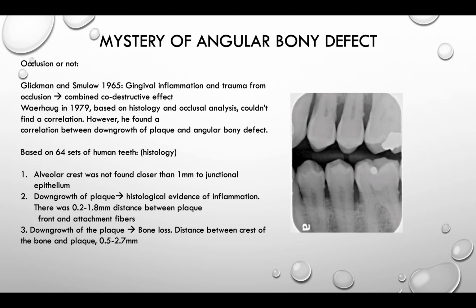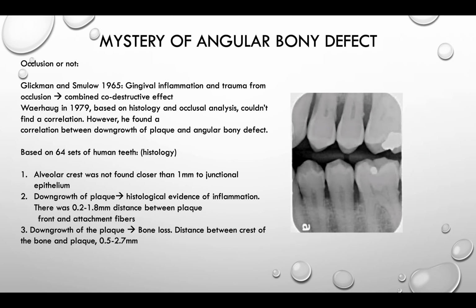The collagen fibers are not present in the histological specimen. If you look at the inflamed connective tissue, you are not going to find all of those nice structures of the collagens. The other thing he realized is that there is always bone loss. There is some distance between the plaque and the crest of the bone.